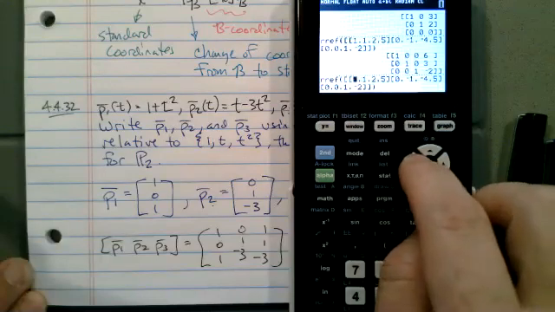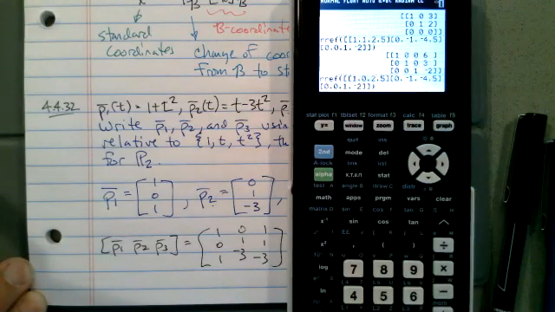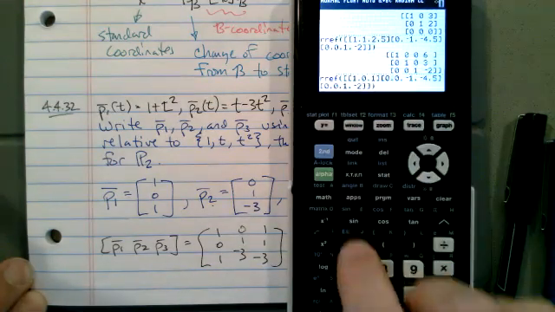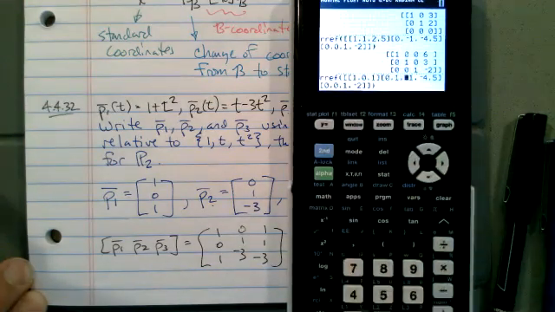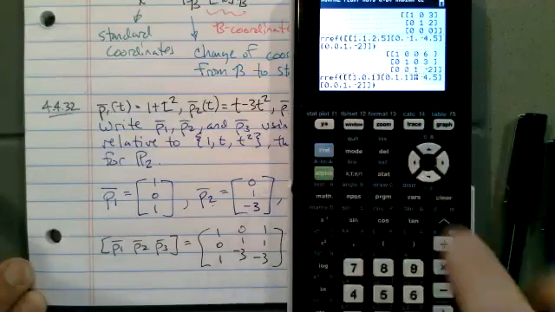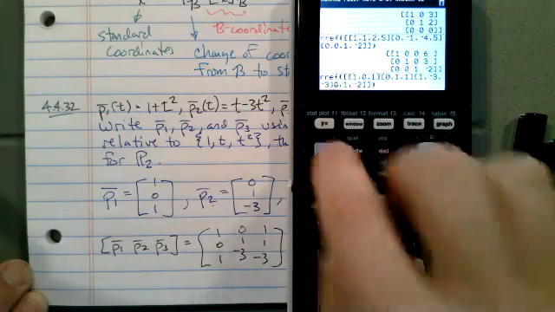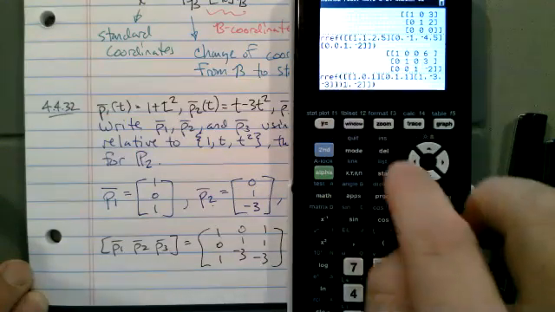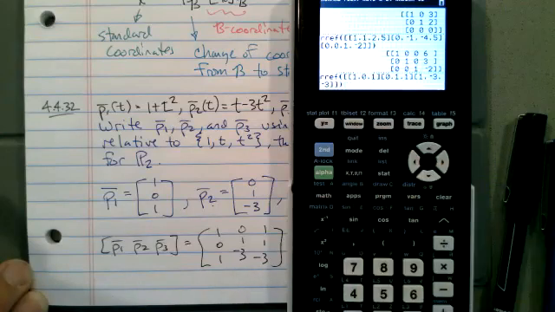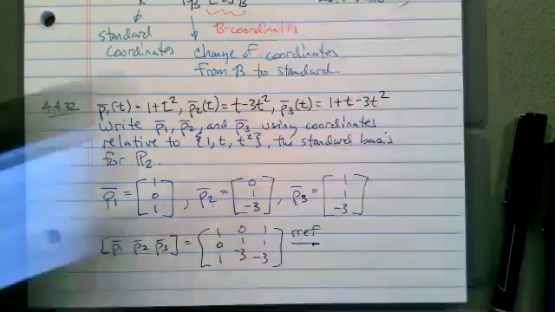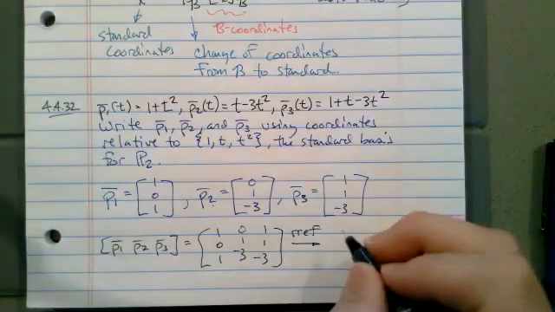So first, I have to go by rows: 1, 0, 1, close the row, open the next row, 0, 1, 1, close the row, open the next row, 1, negative 3, negative 3, close the row, close the matrix, close the command, and delete the rest of it. We do, in fact, get the identity matrix. So we have a linearly independent spanning set.